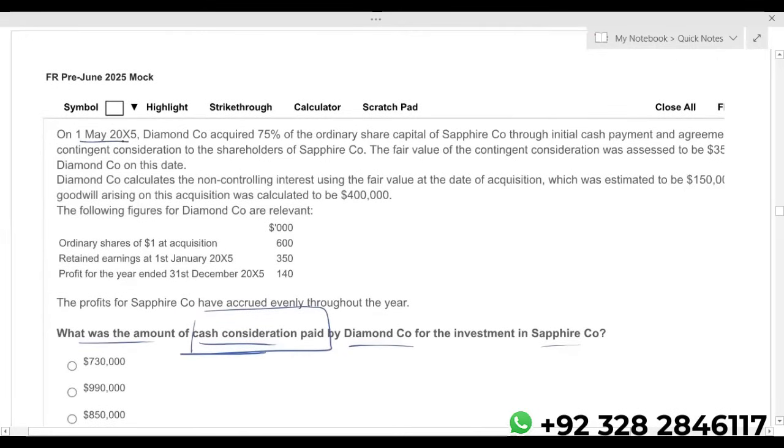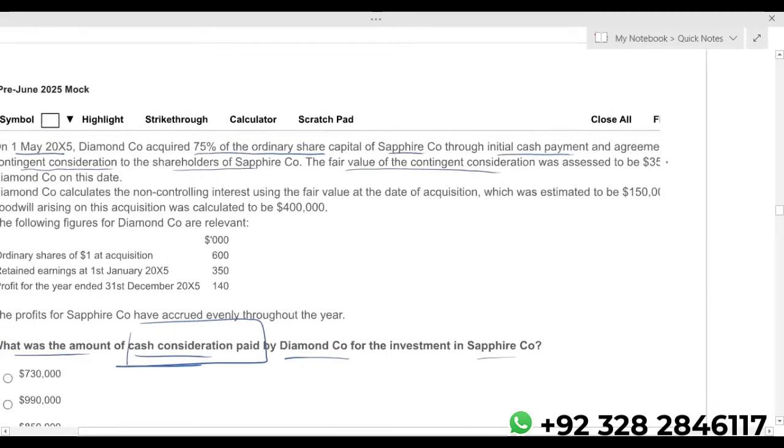On 1st May X5, Diamond Company acquired 75% ordinary share capital of Sapphire Company through initial cash payment and agreement. Contingent consideration to the shareholder of Sapphire Company, the fair value of the contingent consideration was assessed at 3,50,000.